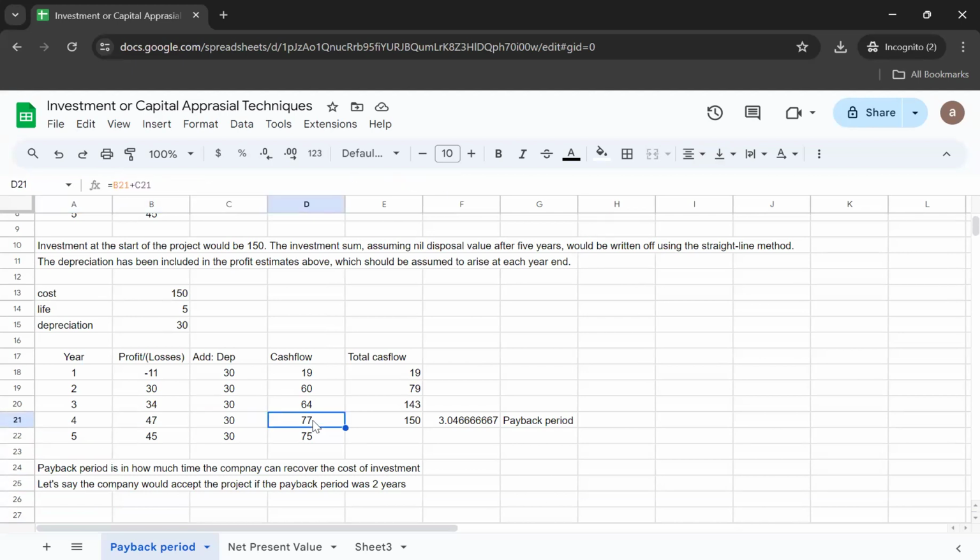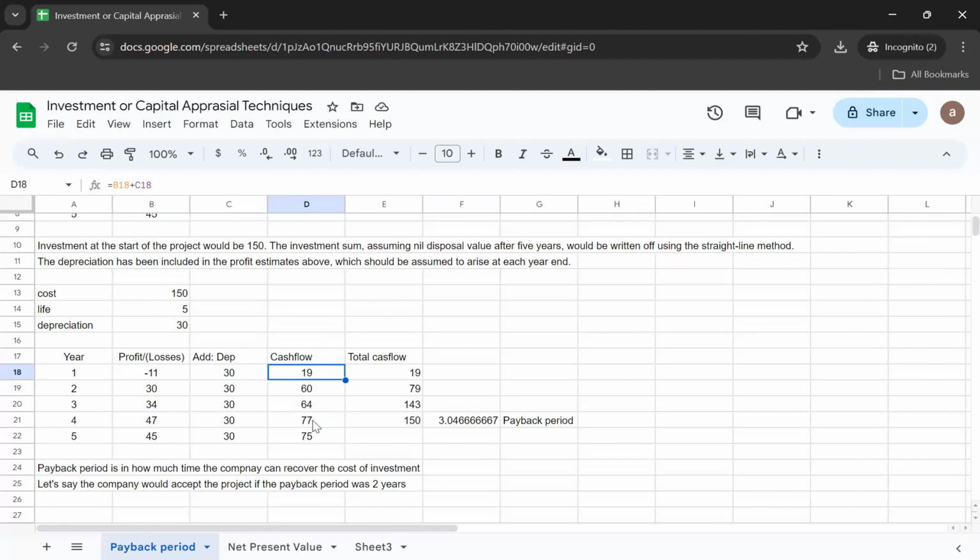Now, if you would like to play with the variables here, let's say the company increases its cash flow, right? Let's say we change the numbers here a little bit, and the company earns its cash flow a little faster, then the numbers will change. But right now we are not going to do that. If you would like to play with variables, you can.